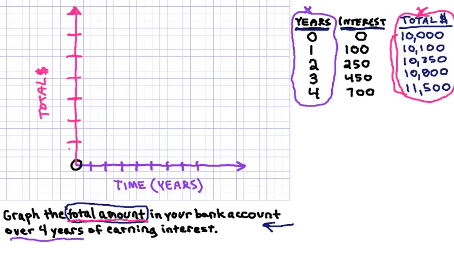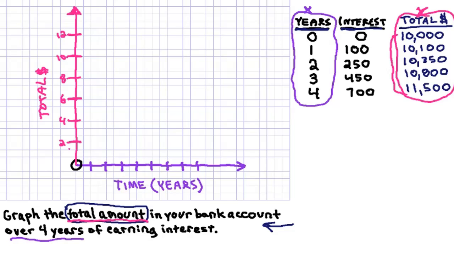It's just making it so it's more easily readable. So if we make this increment every three boxes $2,000, so that's 2,000, 4,000, 6,000, 8,000, 10,000, and 12,000. At least that's going to give us a little tiny bit of room.